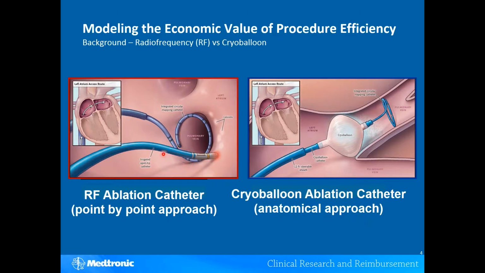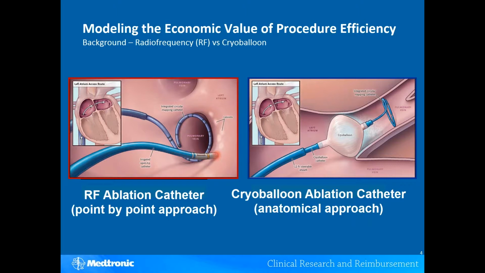When you do an ablation for atrial fibrillation, the goal is to create a circle of ablation around the opening to the pulmonary veins in the heart. You can see here there have been a few dots of ablation done by this catheter, and the goal is to create a fully continuous circle around that opening. Now, this procedure is complex with a lot of variability, and it usually takes several hours to do.